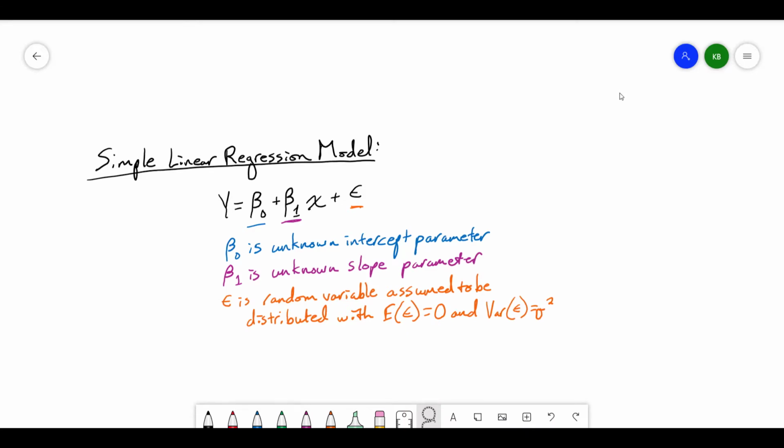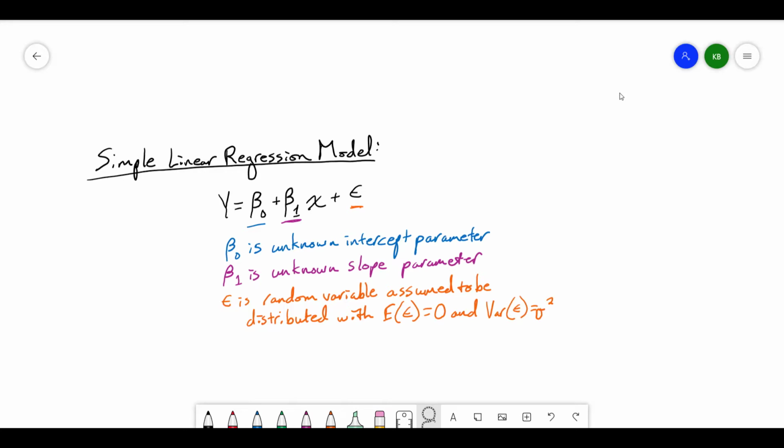So when we talk about linear regression, a simple linear regression model is going to be y, my dependent variable, equals beta sub 0, which is my unknown intercept parameter, plus beta sub 1, which is my unknown slope parameter, times my independent variable x, plus a random variable epsilon that's going to be assumed to be distributed with an expected value equal to 0 and a variance equal to sigma squared.